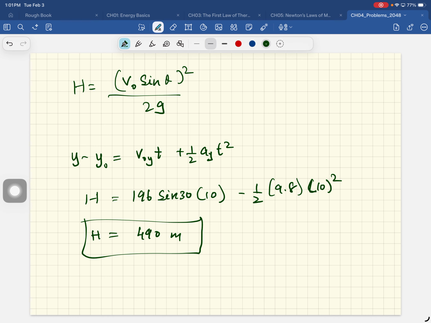So it reaches a height of 490 meters, and you can check that from here. That should also work out the same.